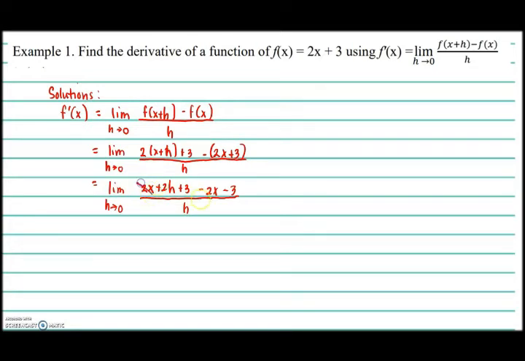Now combine like terms, so we can cancel out 2x and negative 2x, 3 and negative 3. So we are left with the limit of 2h over h as h approaches 0. We can divide out h, so we are left with the limit of 2 as h approaches 0. Now here, the limit of a constant, so we have 2. So the derivative of our function 2x plus 3 is 2.